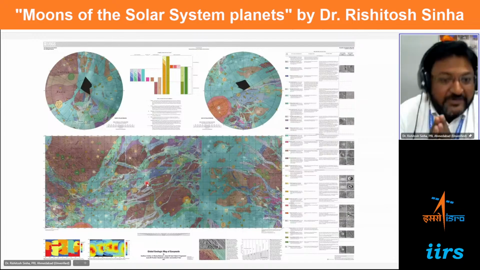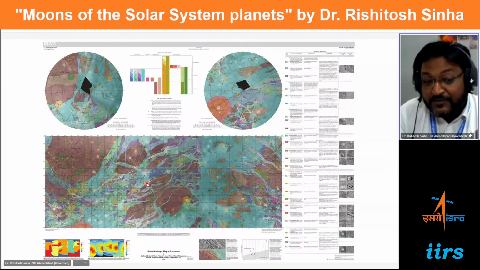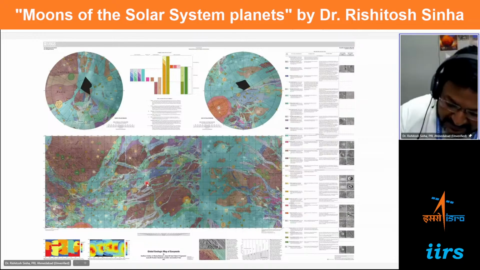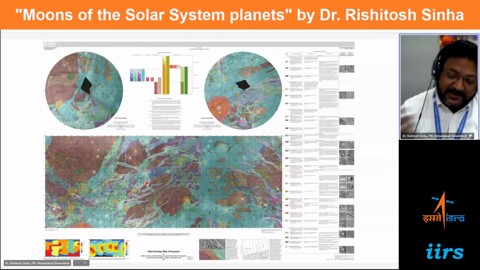So it is very important to understand how these different surfaces have formed over time. And this moon is one which you can study to get insights into the active processes that happen in these Jovian planets.